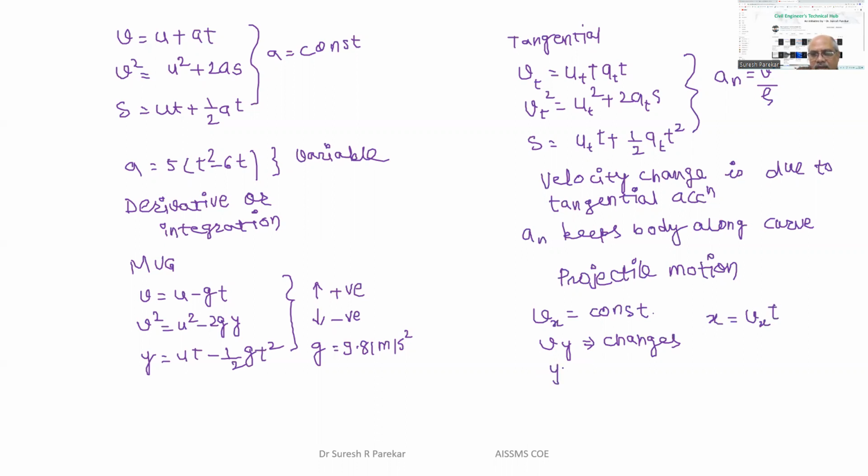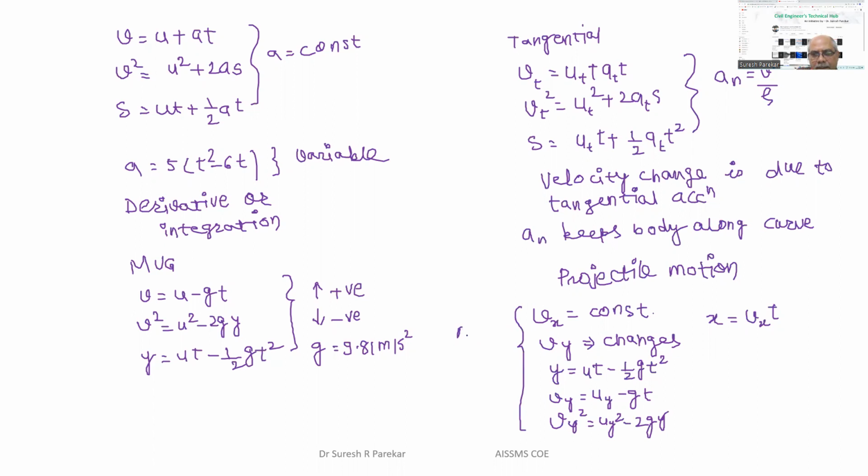And for y, we have to use equation of y equal to ut minus half gt square. Then Vy is equal to Uy minus Gt, and Vy square is equal to Uy square minus 2Gy. So this is your projectile motion.